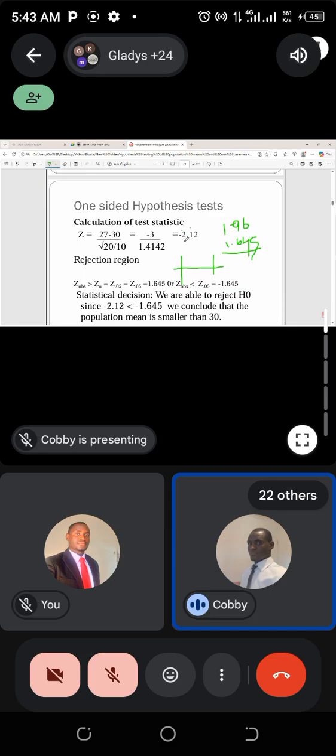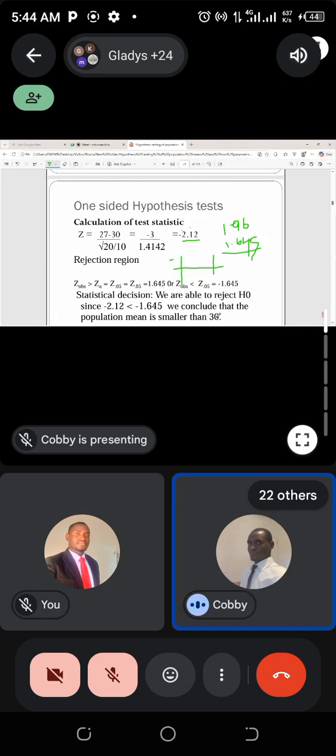So we look at this value that we have found. Does it fall within the rejection region or the non-rejection region? Rejection. Yes, it is in the rejection region. So we are able to reject the null hypothesis, and we conclude that the population mean is smaller than 30.